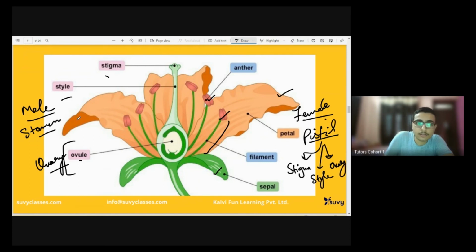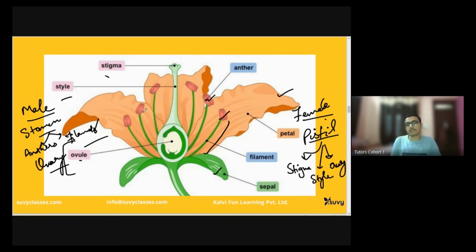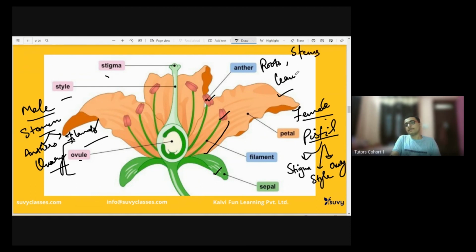And in stamen we have two parts, anthers and filaments. So I hope I was able to explain the structure of flower. So far we have discussed roots, stems, leaves, and flowers.